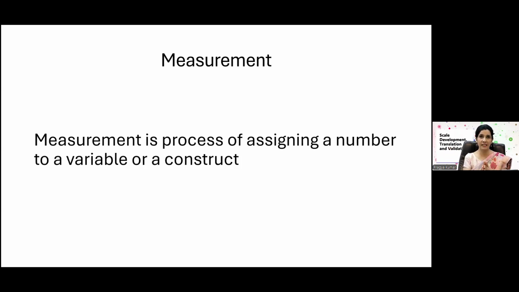So basically in any measurement, here in scale development also, you give a number to a particular variable. Why? Because the analysis which we perform, all the reliability and validity studies, can be done only on numbers. That cannot be done on something which is entirely categorical in nature.